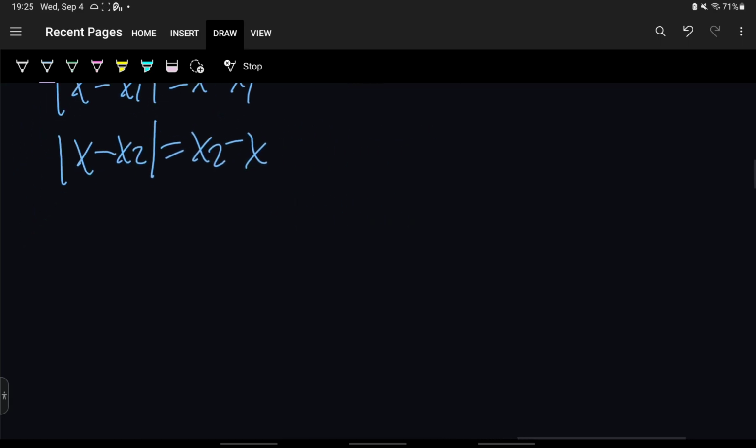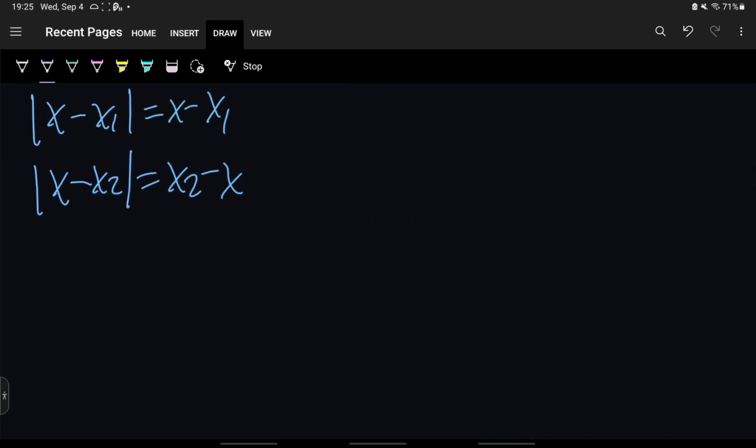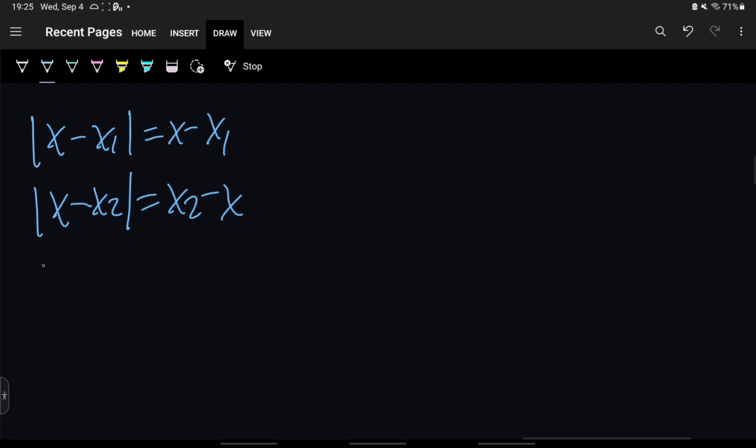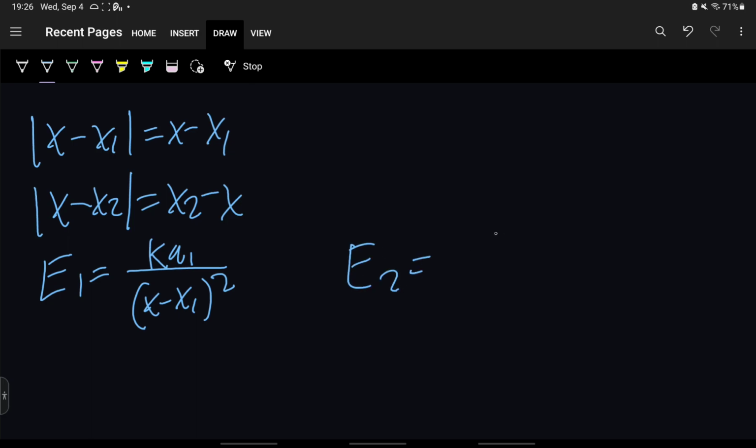The electric field at x due to charge q1 is E1 equals k times q1 all divided by (x minus x1) squared. The electric field at x due to charge q2 is E2 equals k times q2 all divided by (x2 minus x) squared.